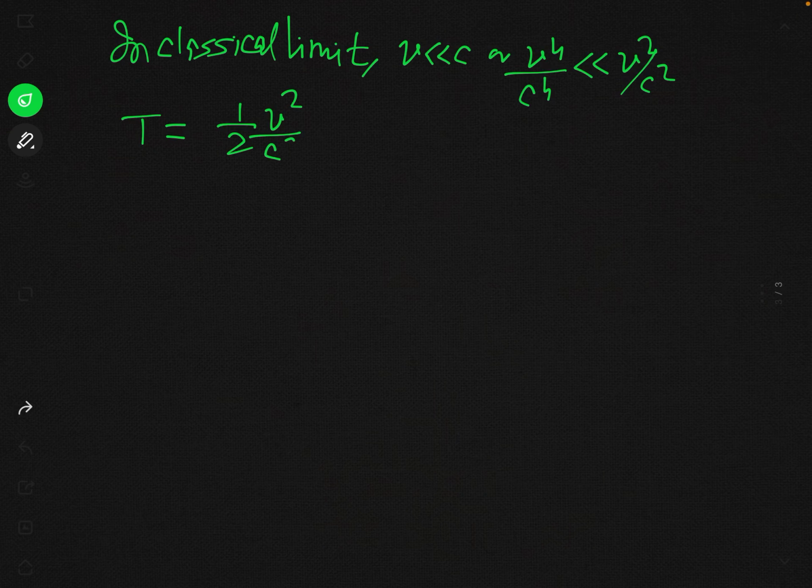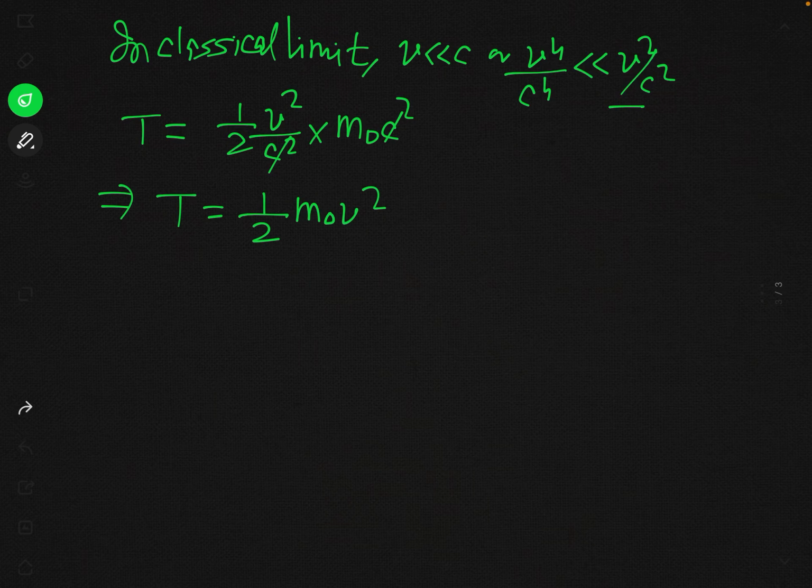Our result will be T equal to half v square over c square into m naught c square. In fact, here you can see we have neglected all the terms containing higher powers of v by c in comparison to v square by c square. So you can see what this result is.